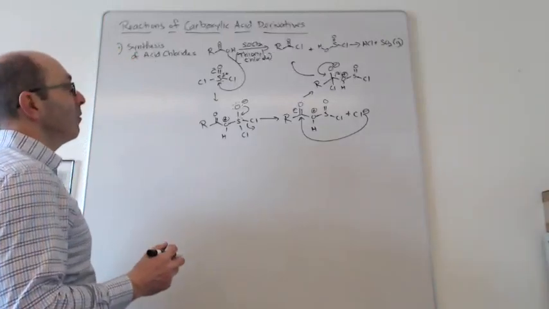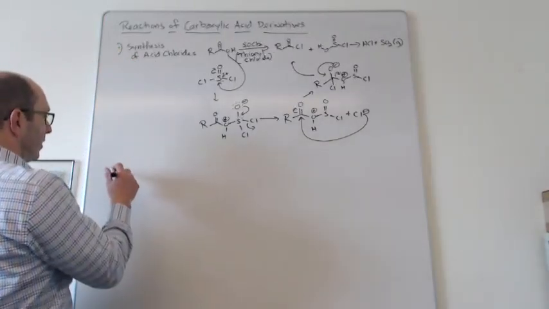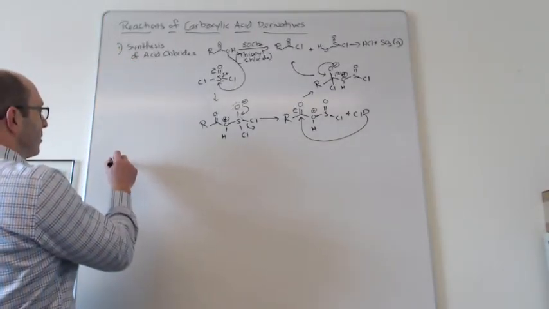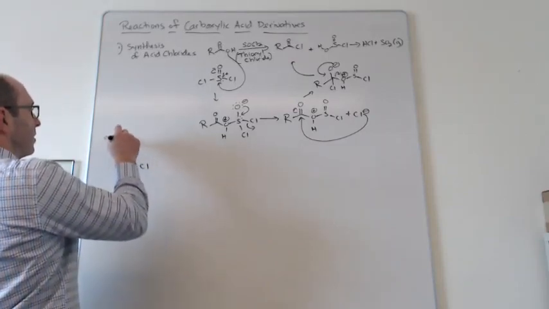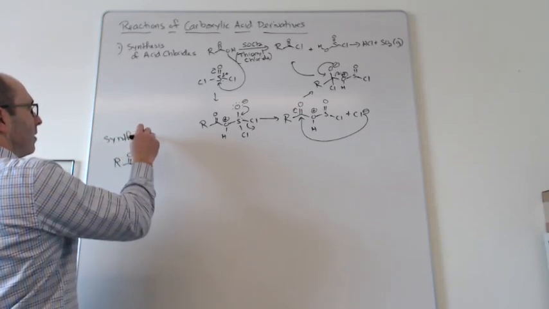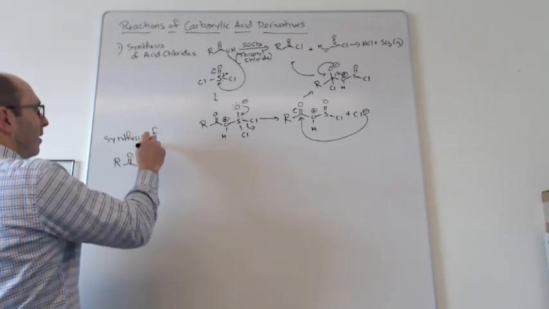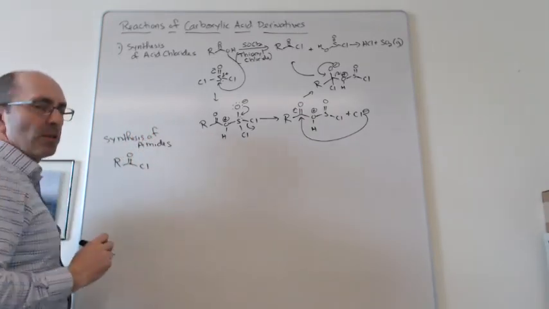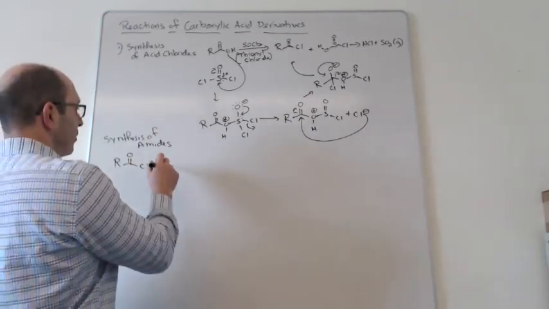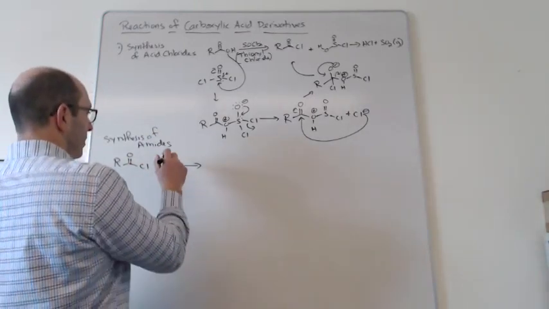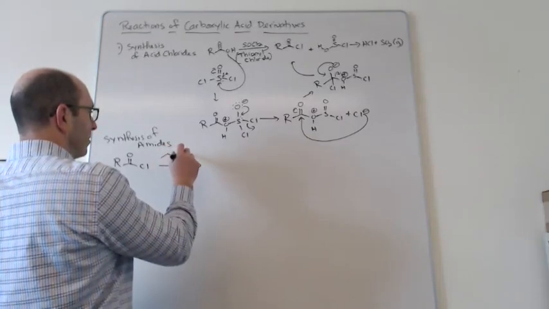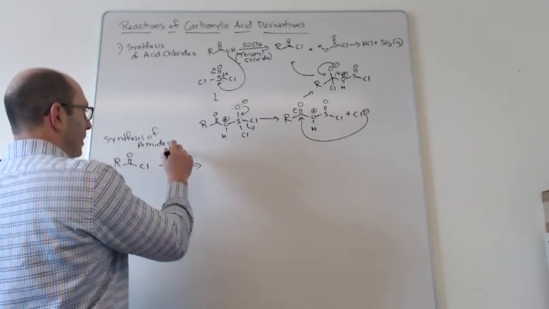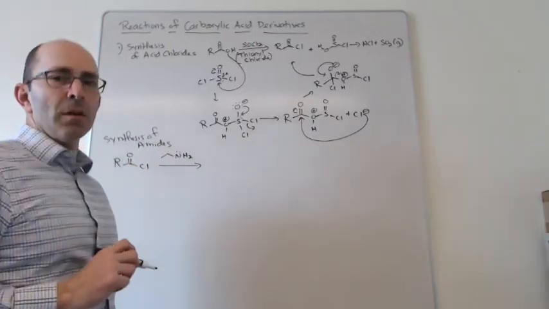But now, if we have that acid chloride, right, let's look at how that is going to react. All right, so let's do our synthesis of amides, right? So if we react an acid chloride with an amine, right, so let's take ethylamine, right?